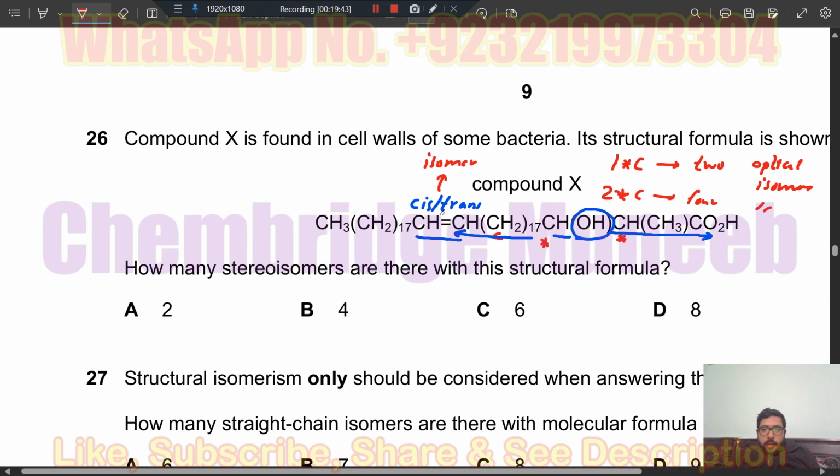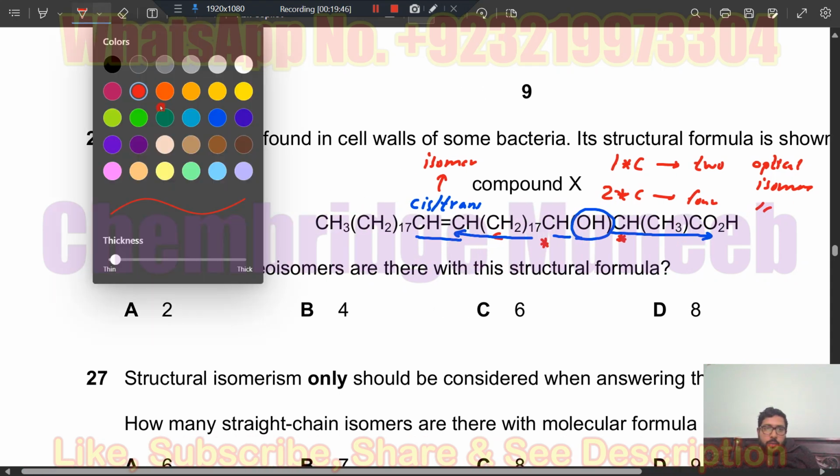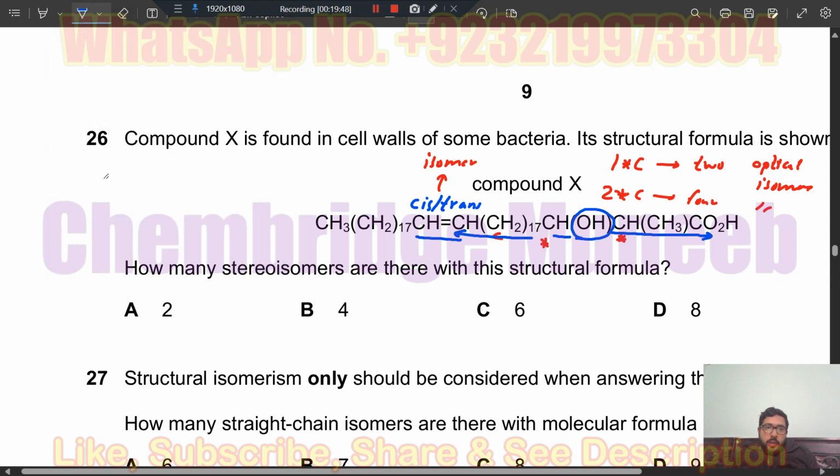We should know that if we consider one cis compound, then that cis compound contains 2 asymmetrical carbons, which means we are getting 4 optical isomers as a result of these two asymmetric carbons.